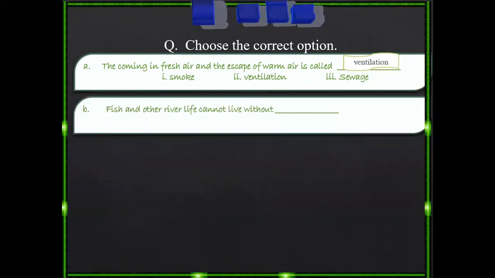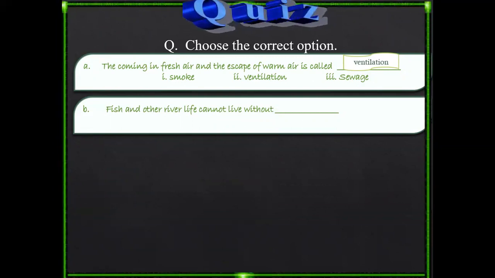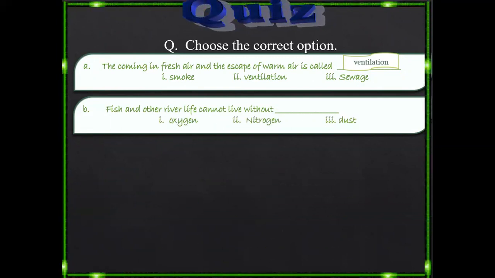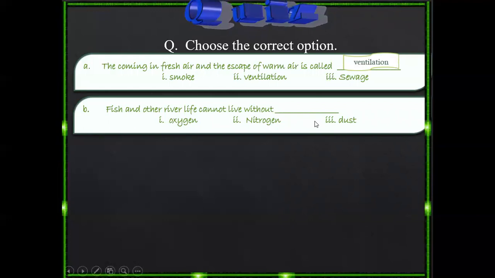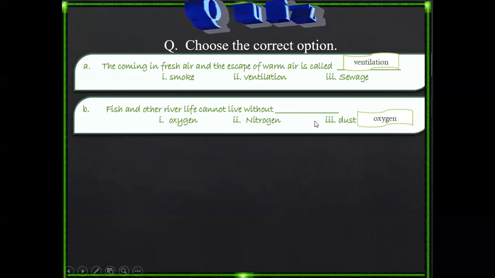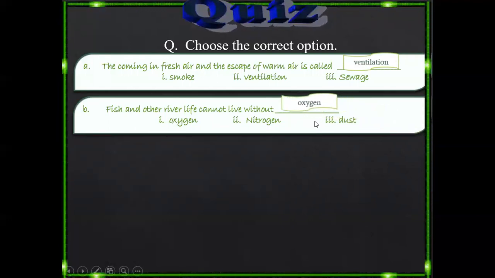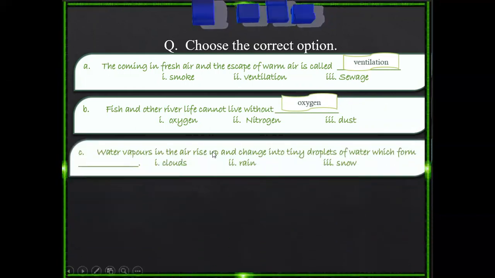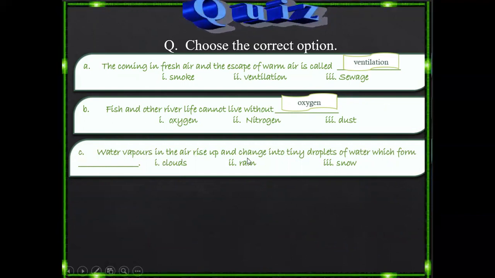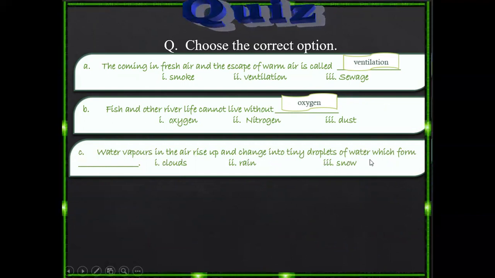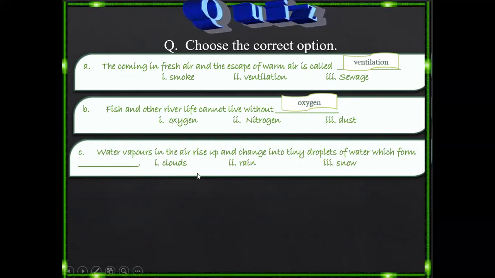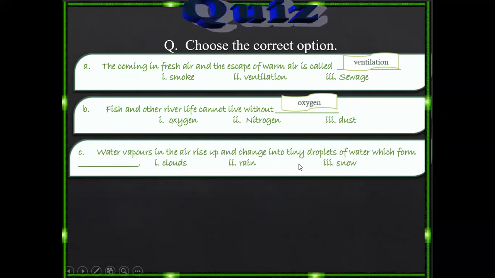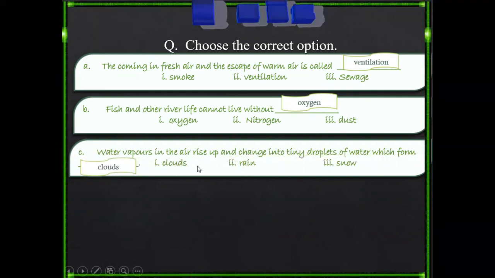Fish and other river life cannot live without oxygen, nitrogen, or dust? Yes, it's oxygen. Water vapors in the air rise up and change into tiny droplets of water, which form clouds, rain, or snow? Yes, it's clouds.